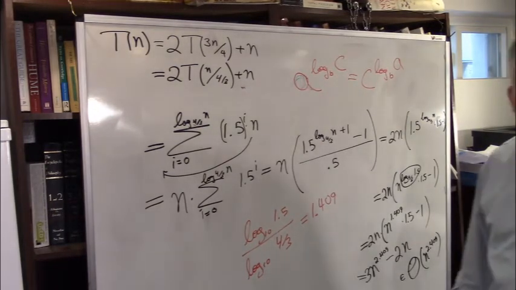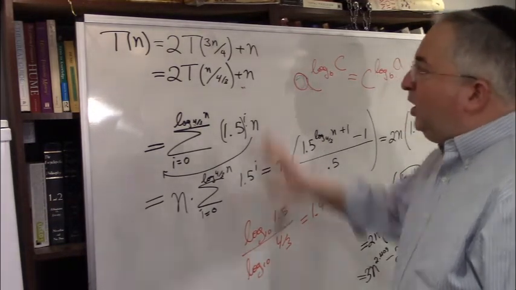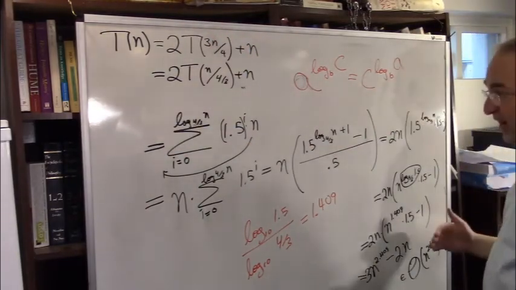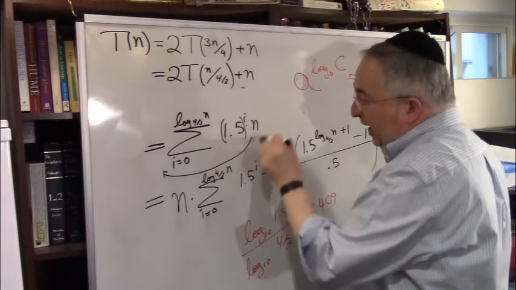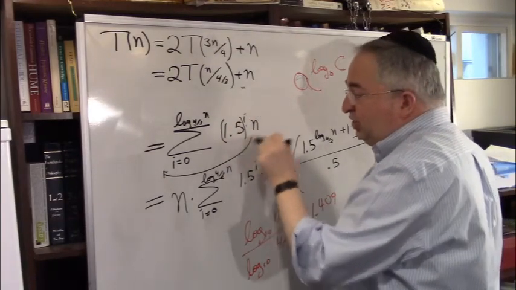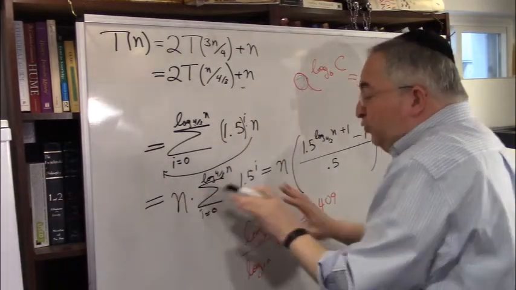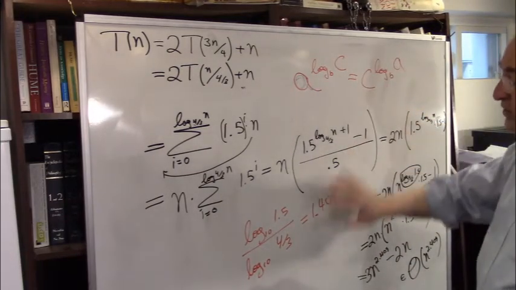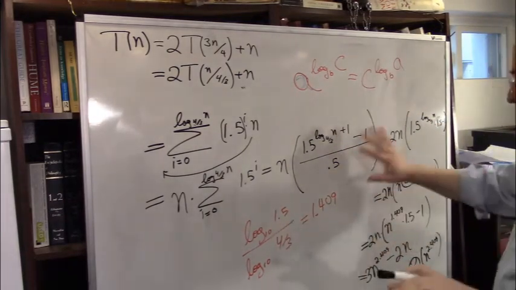Let's just review what we did. We started with the recurrence, we built a sequence of trees, we added up the trees, we saw that adding up each level of the tree is just this. The rest is just math. It's ugly math, but we did it.